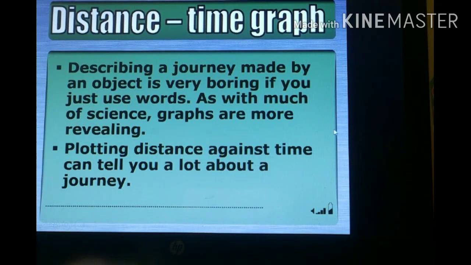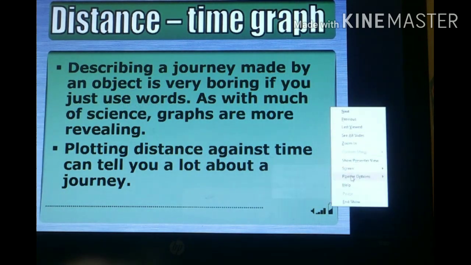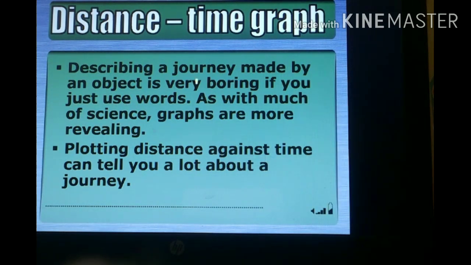Basically, we will see why graphical representation is necessary. Imagine you are having a journey to a certain location, and if you go on representing it in terms of words, it would be very boring. If you represent the same thing in the form of a graph, it will be quite interesting as well as revealing.